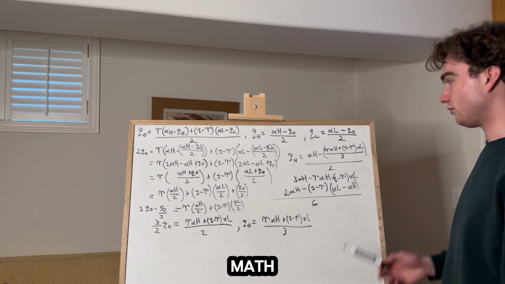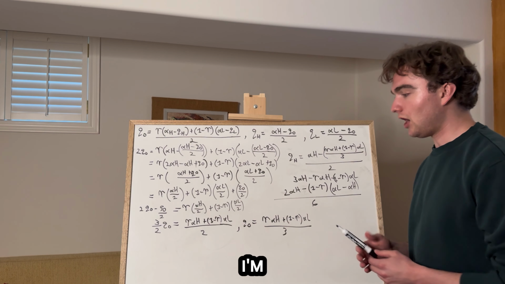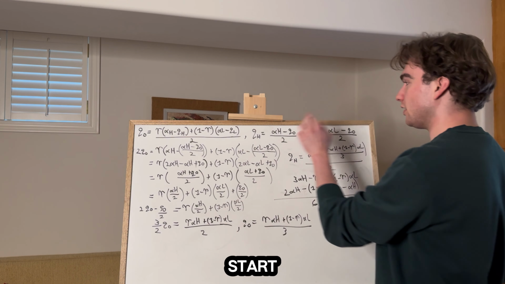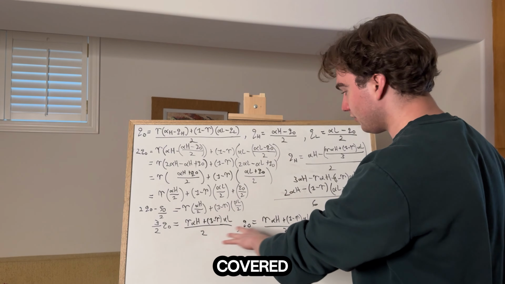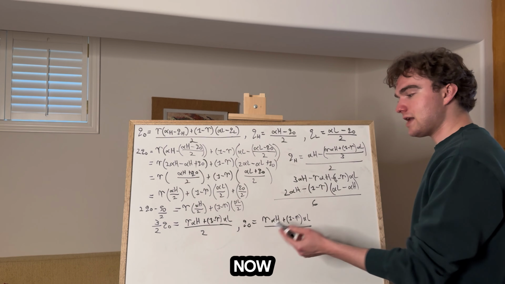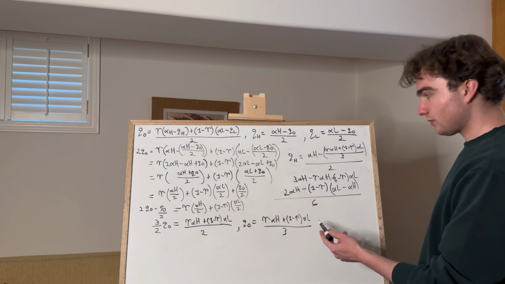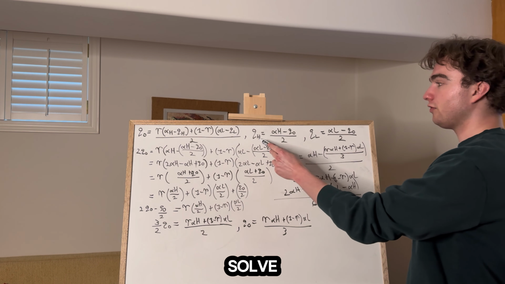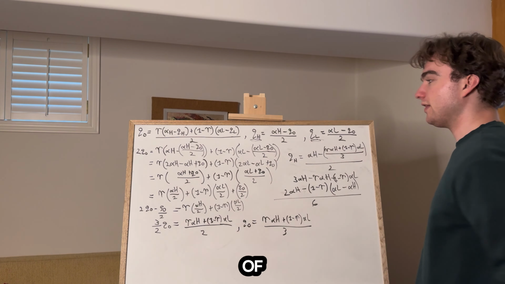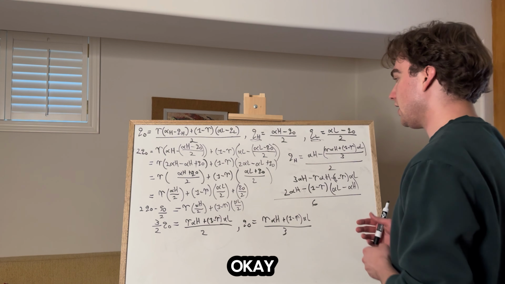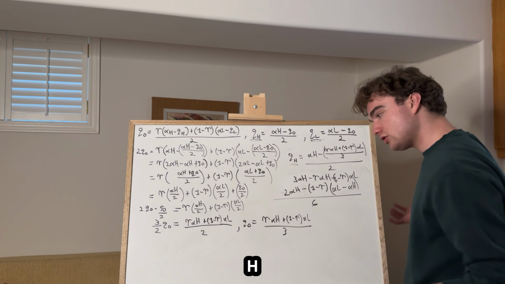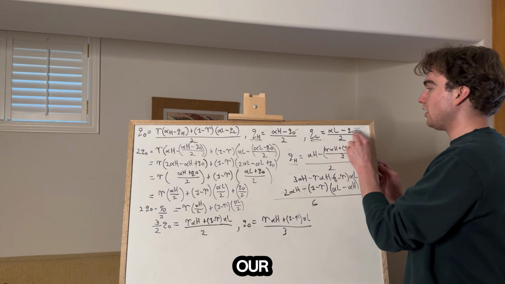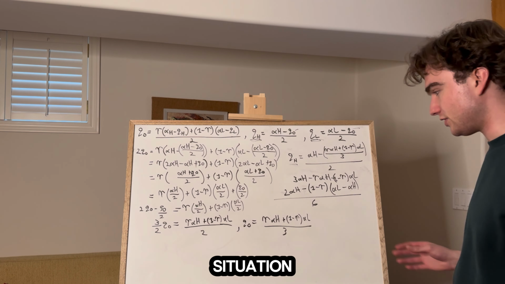Just as a little math recap, I'm going to go through what we're doing now. Since we have our Q0, we can put it into one of these to solve for one of these mystery variables, okay? So I've chosen Q of H. You can start with either one, because we have our Q0 for either situation.